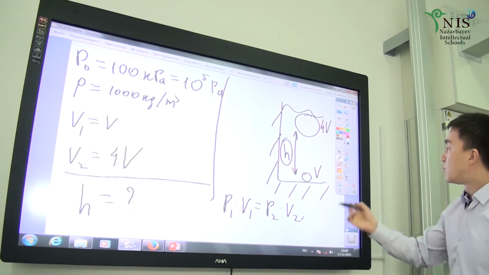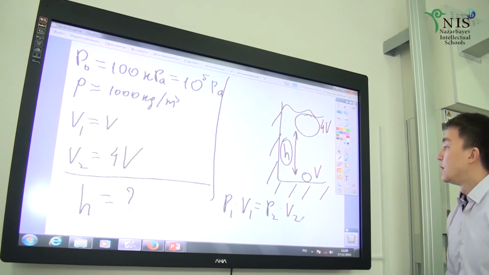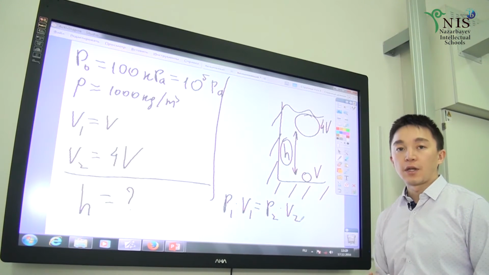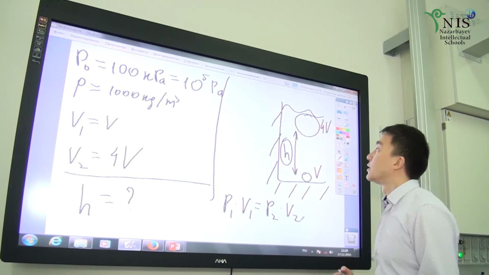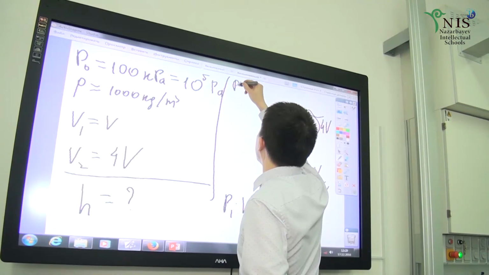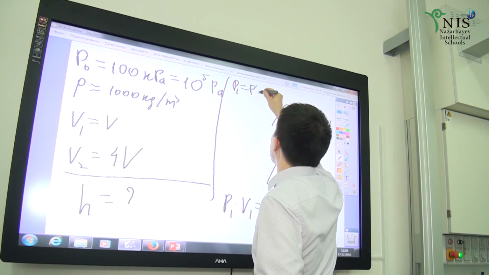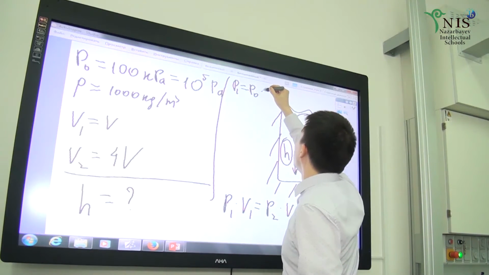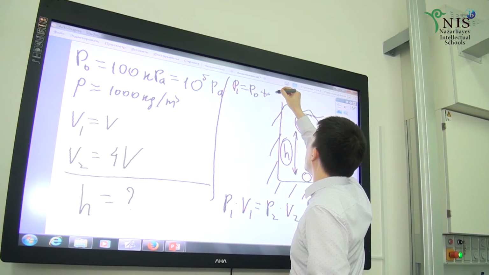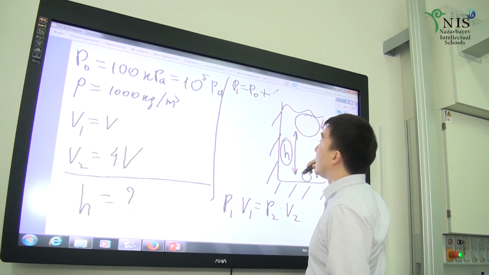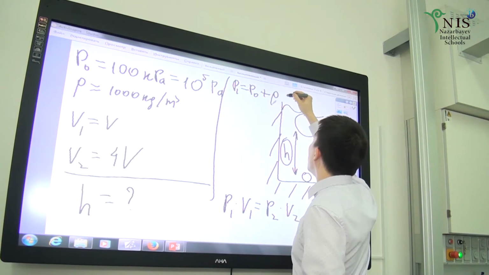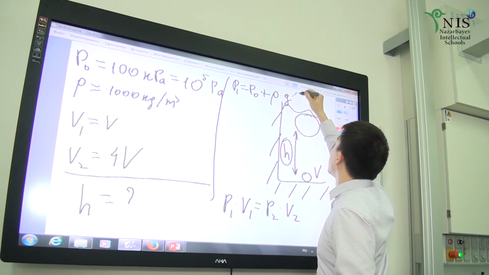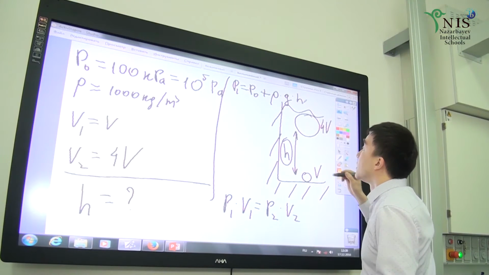In our case, pressure 1, as I said before, is the summation of atmospheric pressure and the pressure of the lake. So pressure 1 equals atmospheric pressure plus the pressure of the lake, which equals density of water multiplied by gravitational field strength and multiplied by the height of the lake.